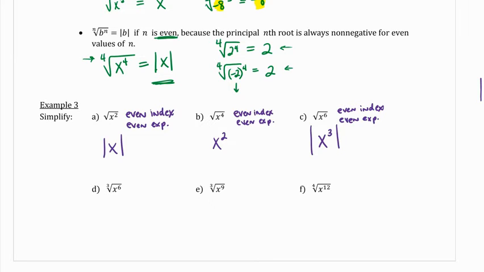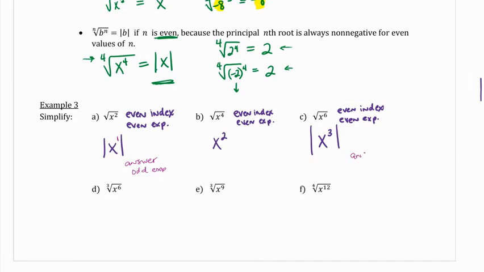Okay, so on those three, the big difference here is the exponent when we end up with our answer. See how these two have odd exponents in the answer, but this one has an even exponent in the answer? That's the difference, right? So this one, the answer has an odd exponent.